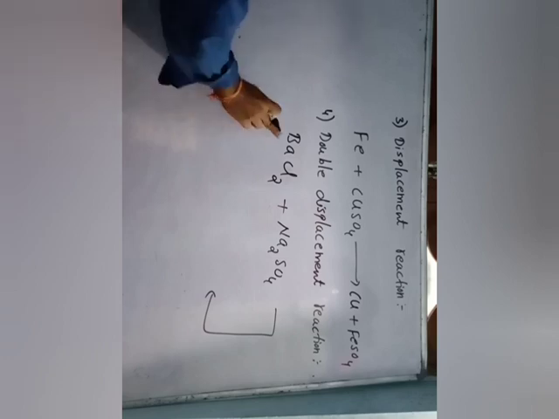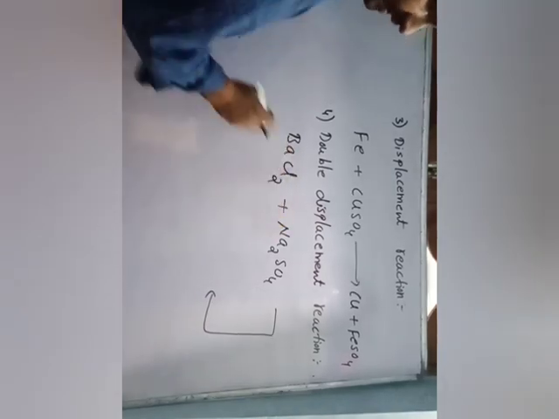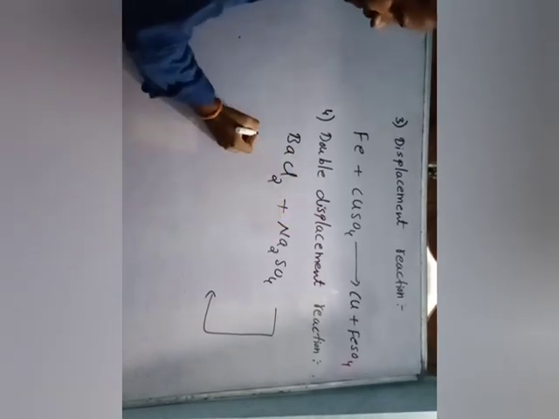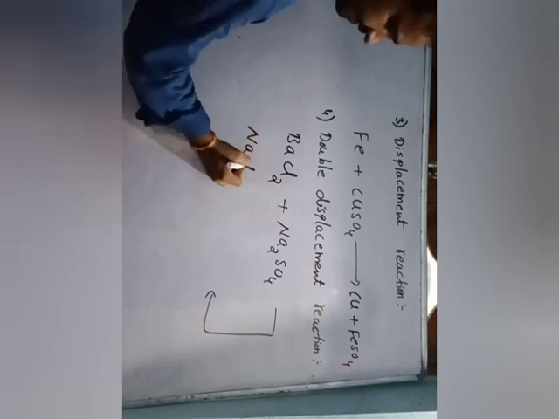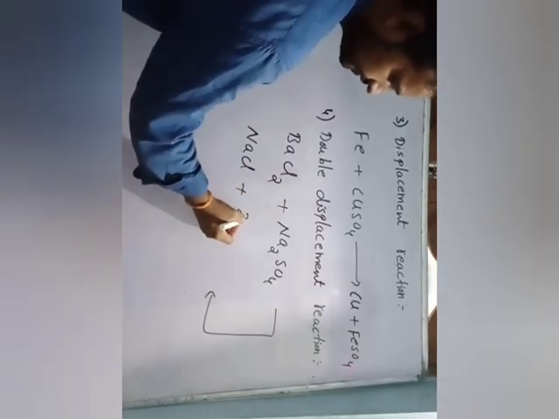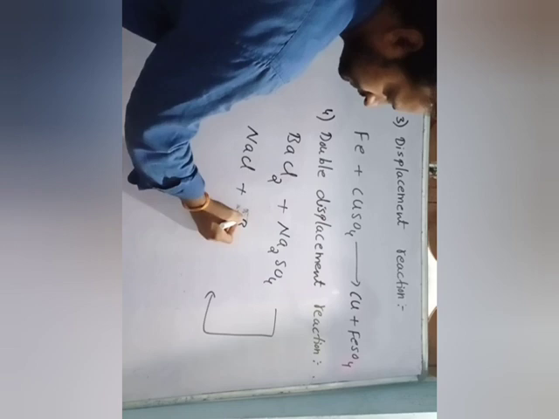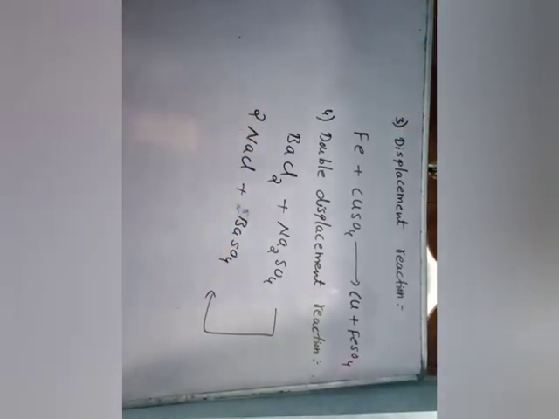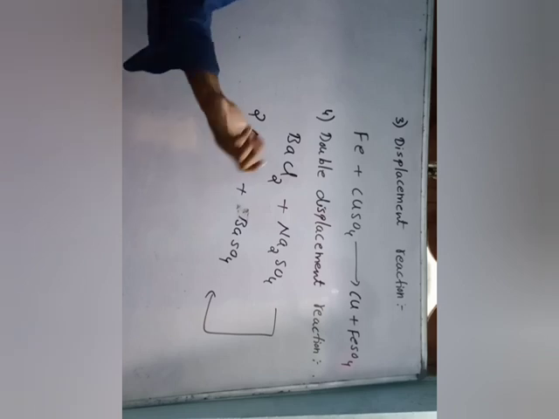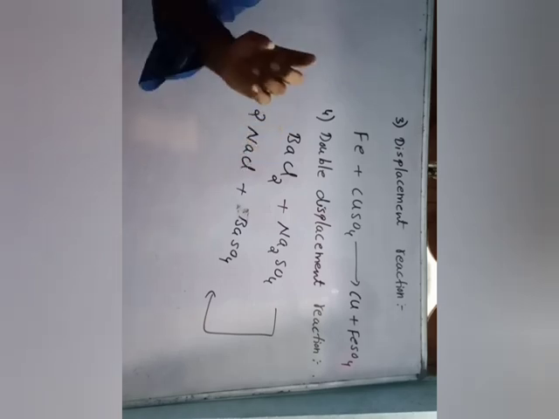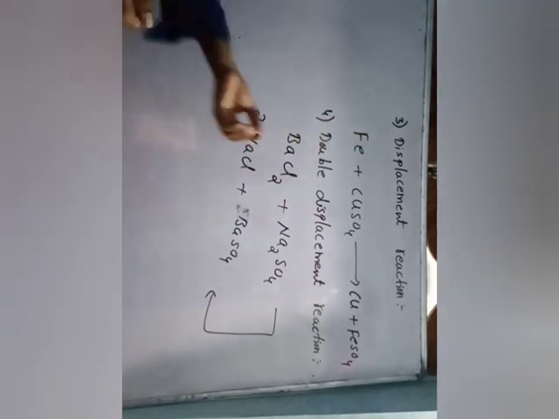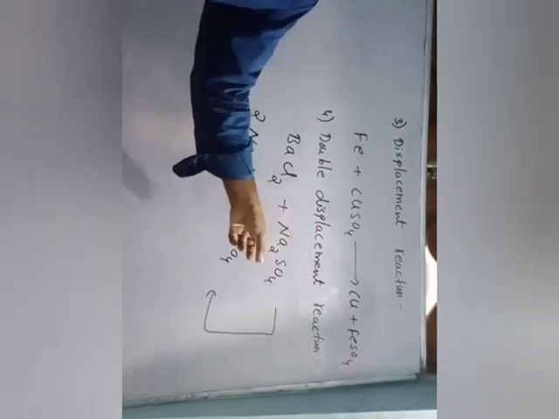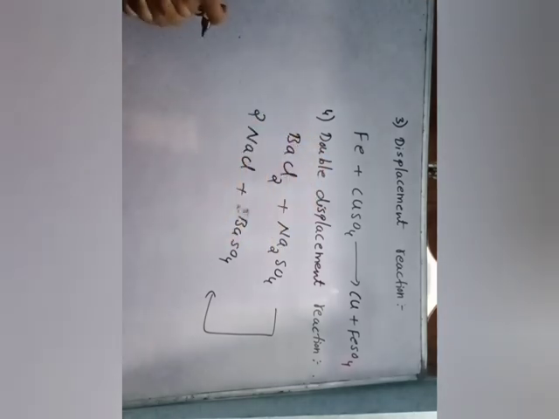Now here barium is replaced with sodium. For example, BaCl2 plus Na2SO4 gives BaSO4 plus 2 NaCl. Clear all of you? This is example for double displacement reaction. So exchanging of two ions. Here barium also exchanges and chlorine also exchanges.